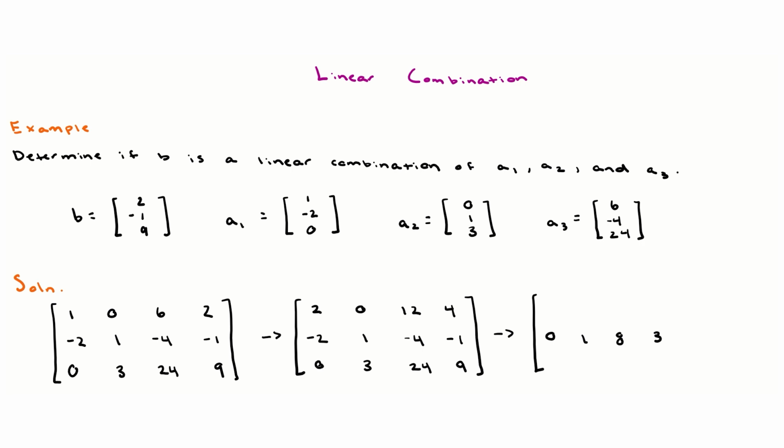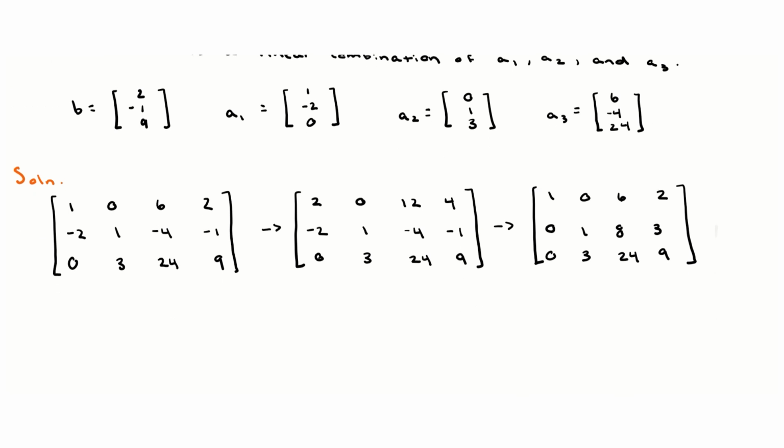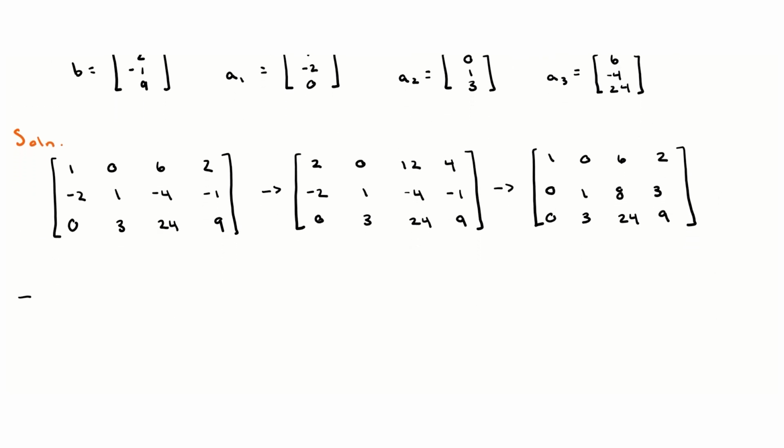And then divide the first row by 2. Next, we'll multiply the second row by 3.